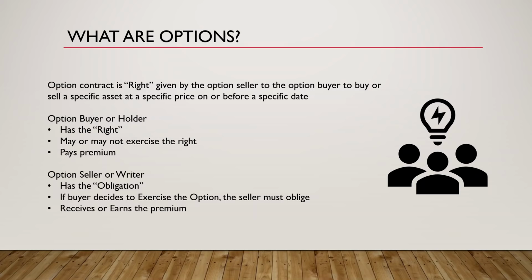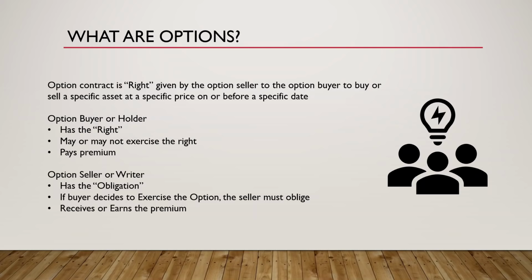Like for example, if you want to buy a Nifty option at say 11,000, and you buy the Nifty call option which is at 11,000 at some X premium, and if the market goes to 11,400, so at the end of the expiration, if the market is at 11,400, you can exercise that contract. You can still buy the Nifty contract at 11,000 and then sell it at a 400 profit.